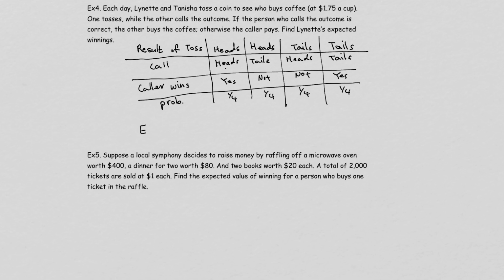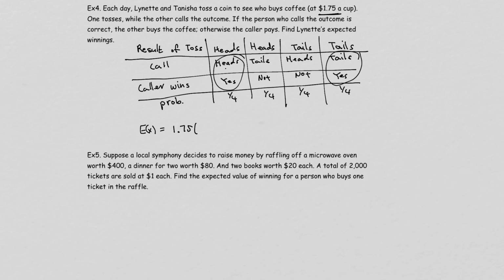So the expected value of winning is going to be... this is winning. Wait, hold on. So this case is winning, and this case is winning. But we cannot use those 2 cases as the value. So what happens when this person is winning? Then she gains $1.75 because somebody else is buying it, right? So you gain $1.75. And what's the probability of that?